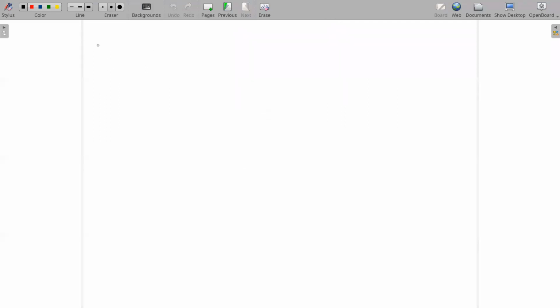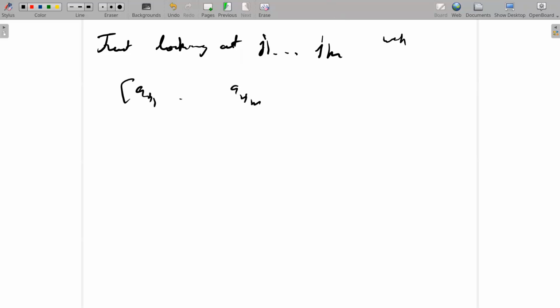Just looking at these columns, the ones corresponding to J1 through Jm, we have AJ1 through AJM acting on this matrix equal to 0.